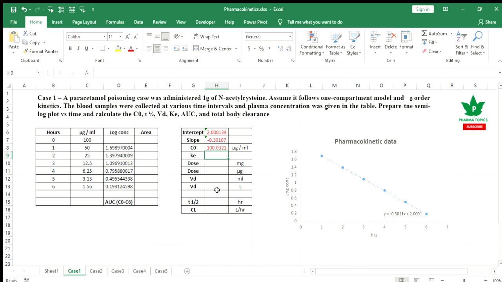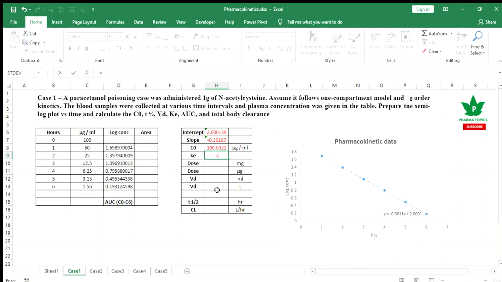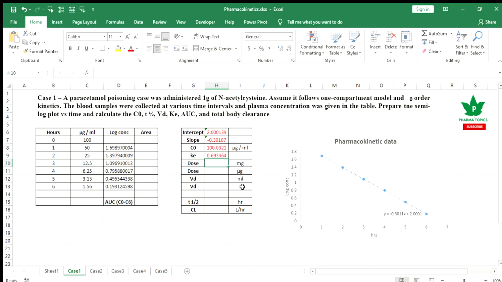Then the elimination constant equals slope into minus 2.303. So that gives the elimination constant. See, the dose, from the data, is 1 gram, which is 1000 mg.